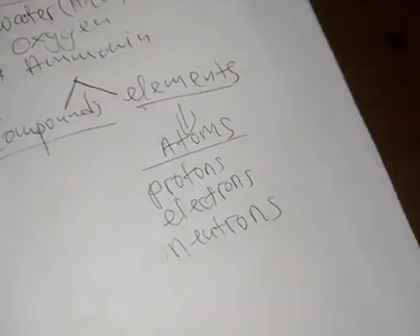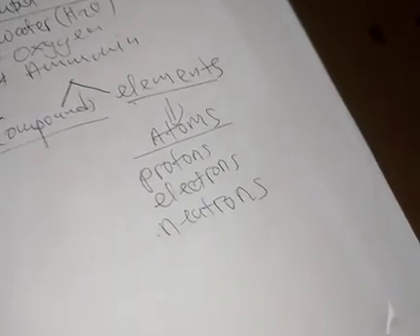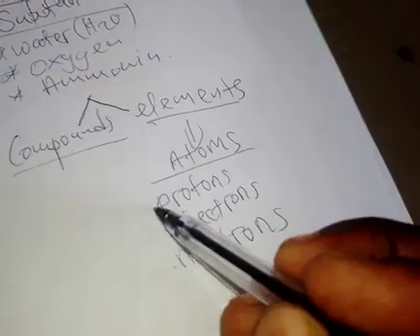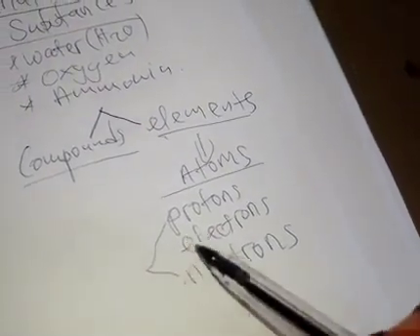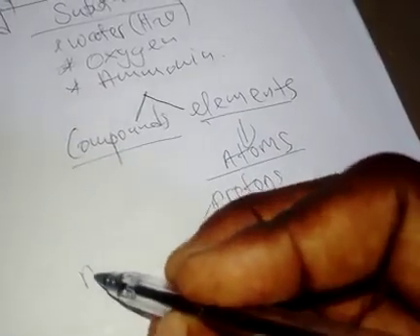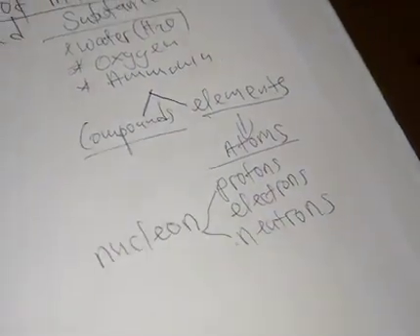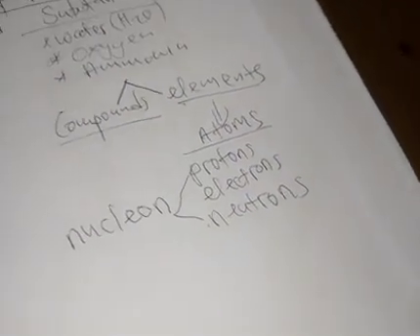The electrons, of course, are found in the shells. Then protons and neutrons are found in the nucleus. So the protons and the neutrons, we call these the nucleons, since they are found in the nucleus, they make up the nucleus.